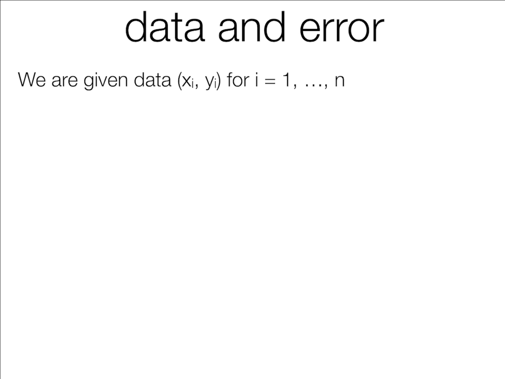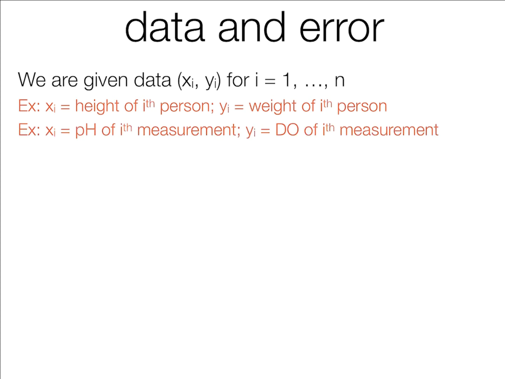Each one is simply labeled 1 through n. So if I'm generically referring to one of the observations in the data set, I would refer to it as xi, yi. For example, in a study of people's heights and weights, xi could be the height of the ith person and yi could be the weight of the ith person. If we're looking at water measurements, xi could be the pH of the ith measurement and yi could be the dissolved oxygen content of the ith measurement.